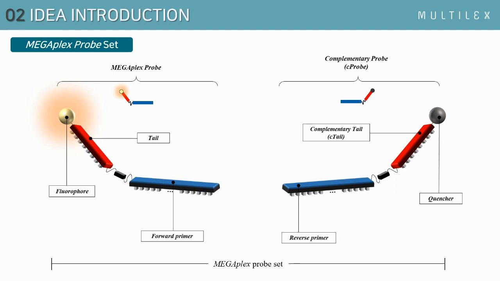Primer pairs, tail pairs, fluorophore, and quencher. These are all we need for using the Megaplex system. It is very simple, isn't it? So now you may want to know how to detect multi-targets in this Megaplex system. Let's take a look at the next slide.